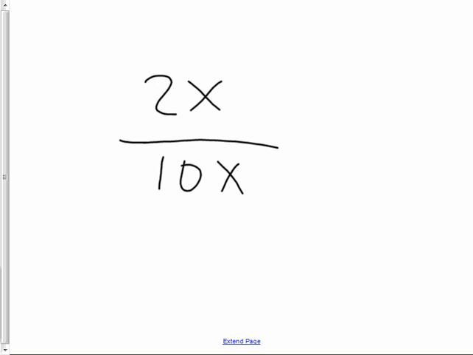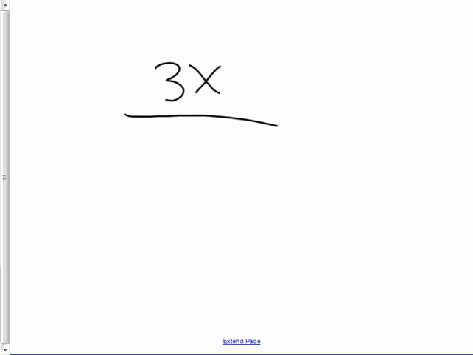The x can cancel the x, and the 2 and the 10, people go 2 times 5 is 10, and then they cancel the 2's, and they think the answer is 5. What would the answer for this one really be? 1 over 5.